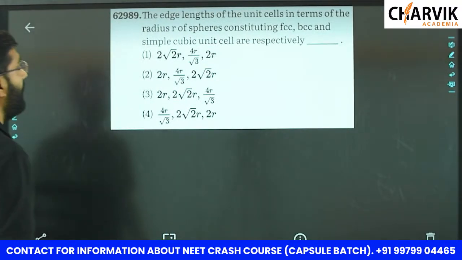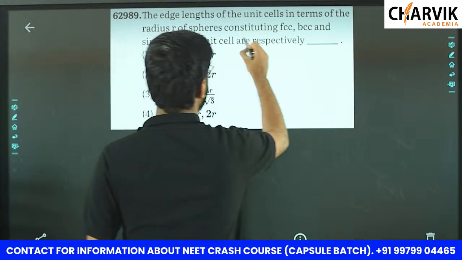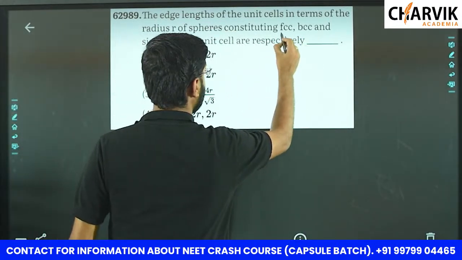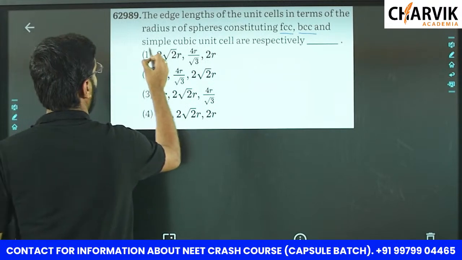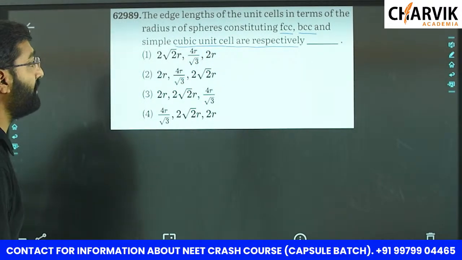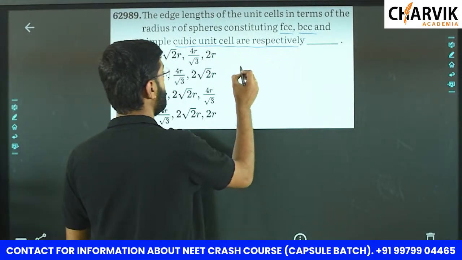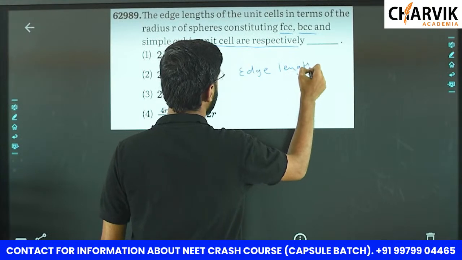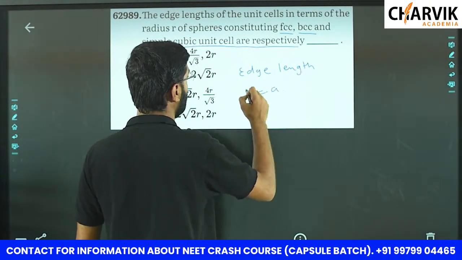Okay, the edge length of unit cell in terms of radius r of sphere constituting FCC, BCC, and simple cubic unit cell respectively. Your question is about edge length a.